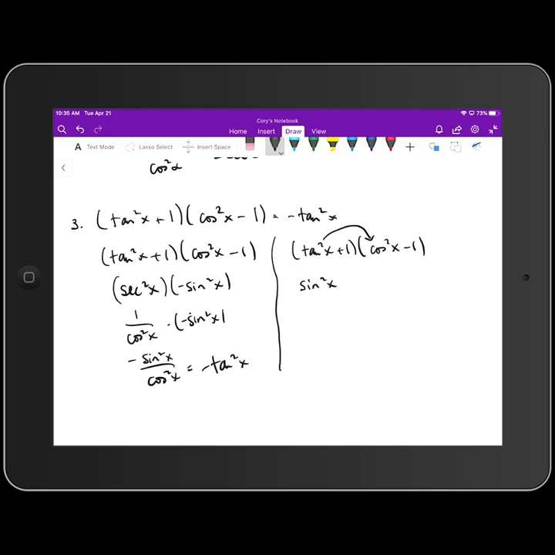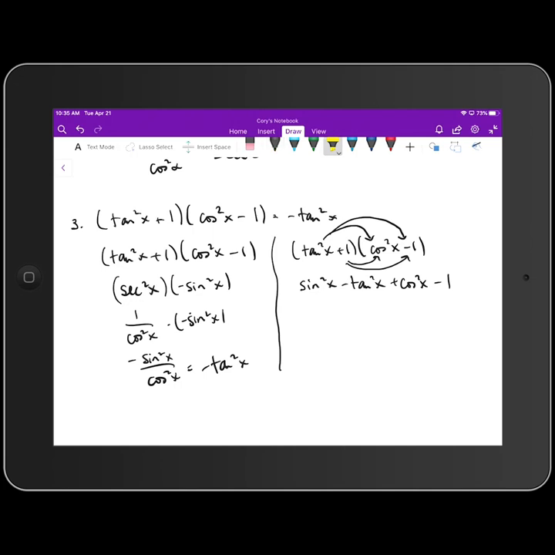Then, when I multiply the outer terms, tangent squared times negative 1 is negative tangent squared. When I multiply the inner terms, 1 times cosine squared is positive cosine squared. And when I multiply the last terms, 1 times negative 1 is negative 1.